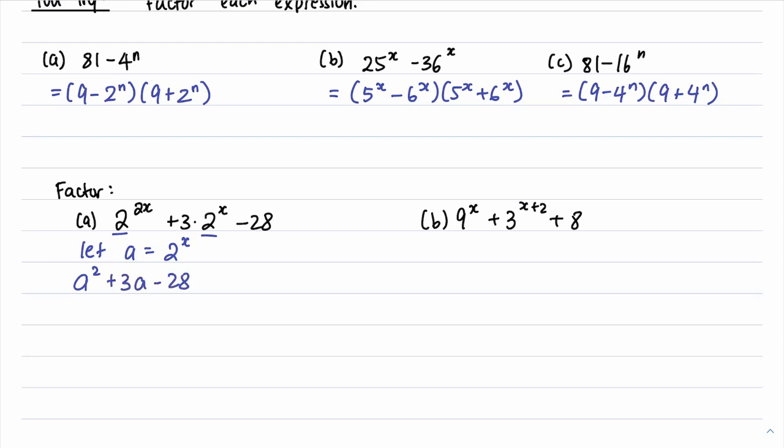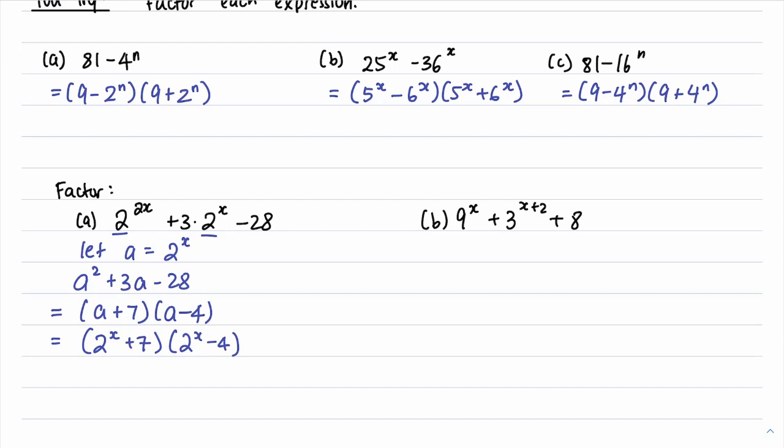This turns out to factor as (a plus 7) times (a minus 4). And of course, we need to rewrite the expression now, replacing a with 2 to the power of x. And it is done.